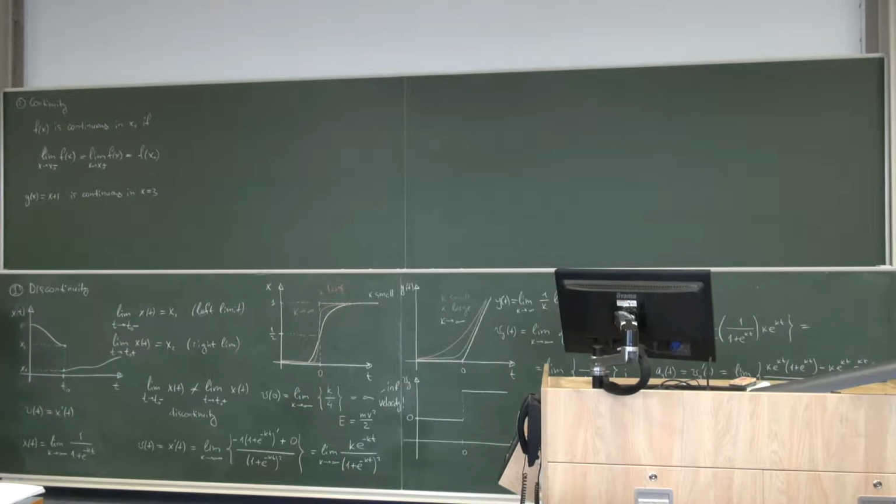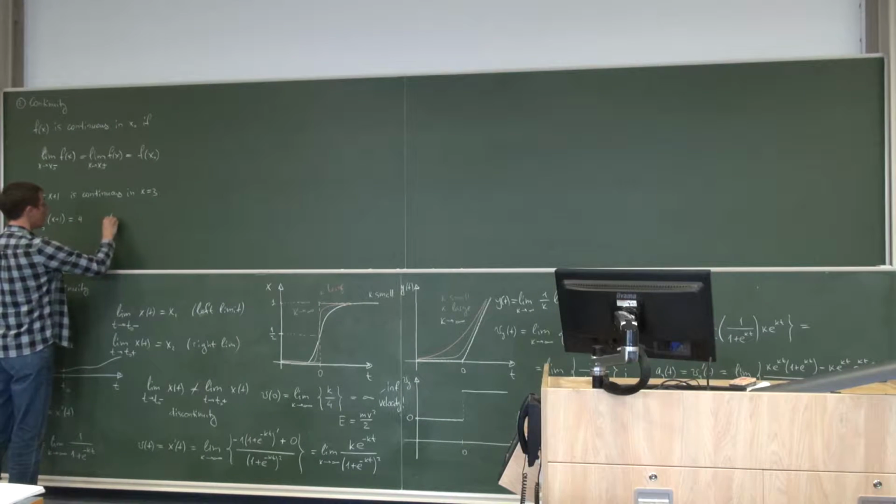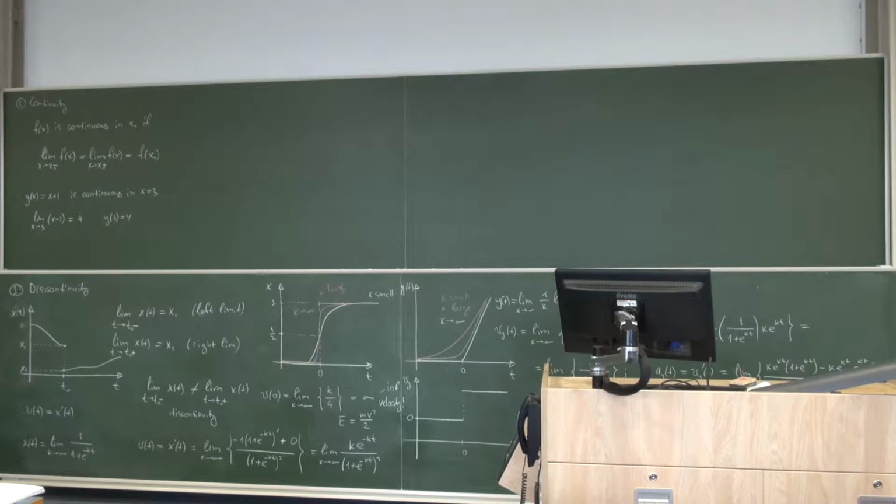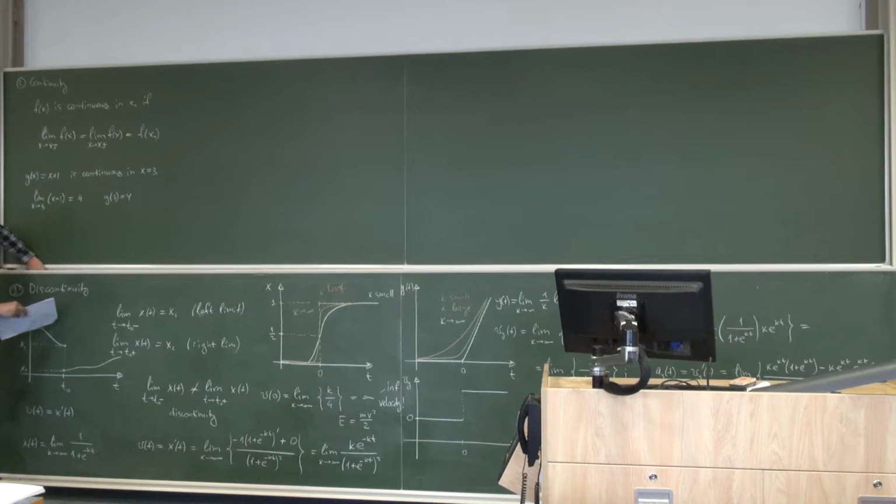It's a linear function, it has no special points, but we can formally say that indeed the limit of x going to 3 of x plus 1 is 4 from either left or right, and indeed y of 3 is also 4, and so the formal definition is satisfied.